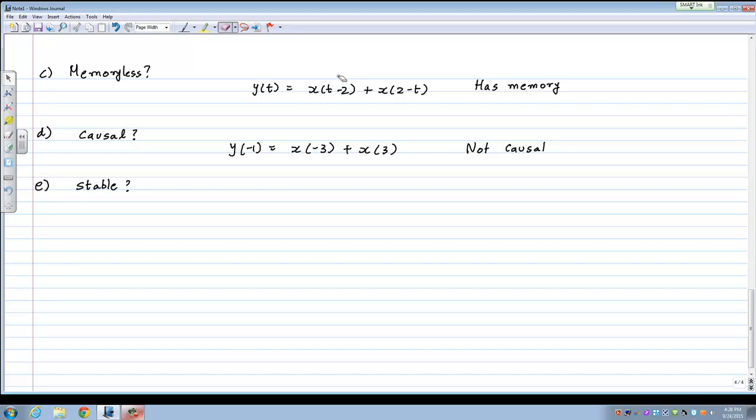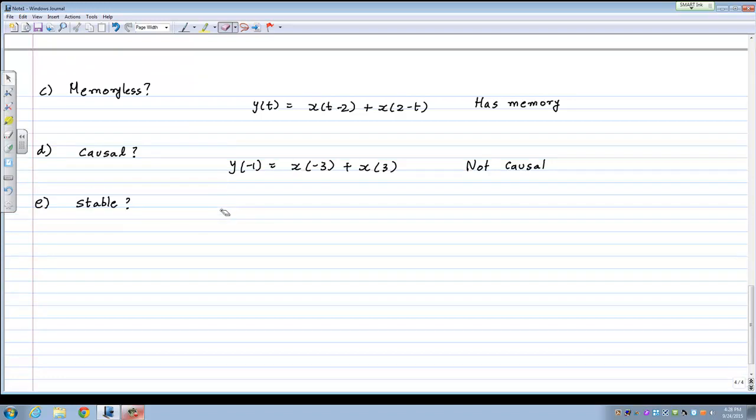But if you want to write a clear proof, we can say something like this. The magnitude of y of t is clearly smaller than or equal to the magnitude of x of t minus 2 plus x of 2 minus t.